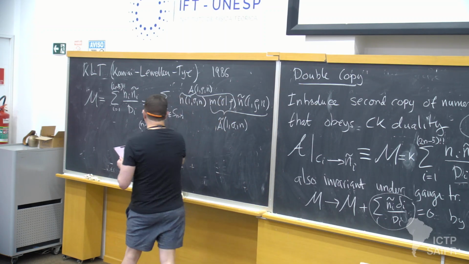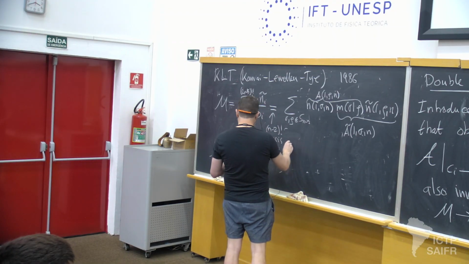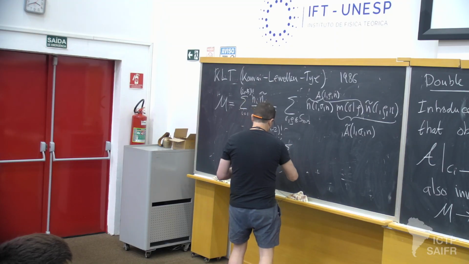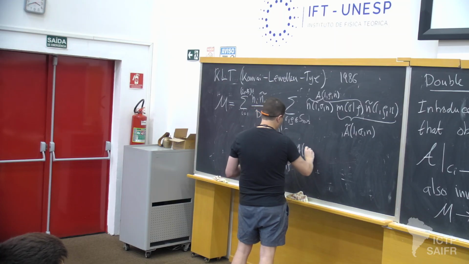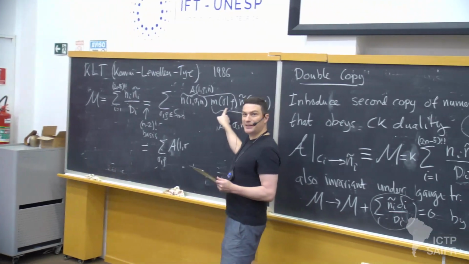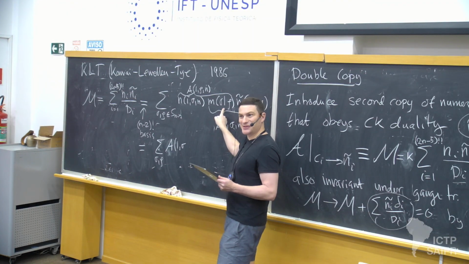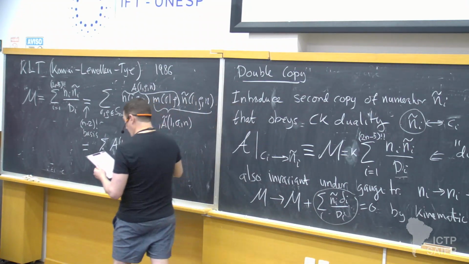That gives you a different formula, which is a sum over sigma and rho, A(1, sigma, n)... And I said you have to multiply and divide, which means that you have to take the matrix inverse. But I said before, it has no inverse. So you're a bit in trouble. But you can do a pseudo inverse.